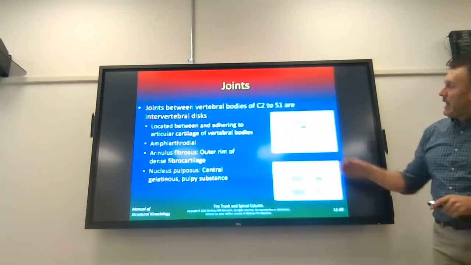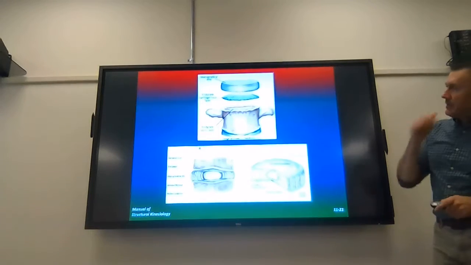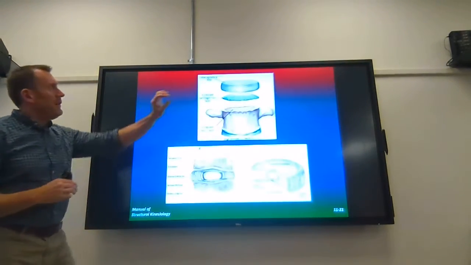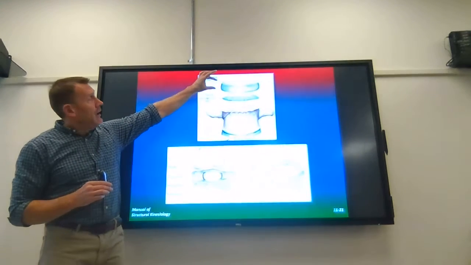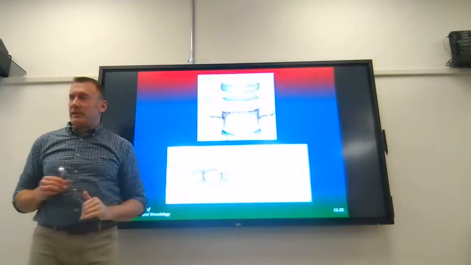Okay, now if we actually go above the disc and below the vertebrae, we have something else. So bear with me on this. We have the intervertebral disc. Below that, we have this end plate that's made of cartilage.